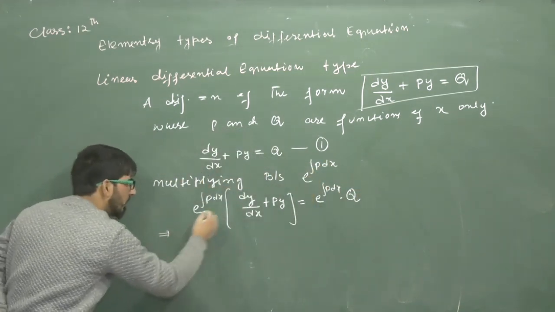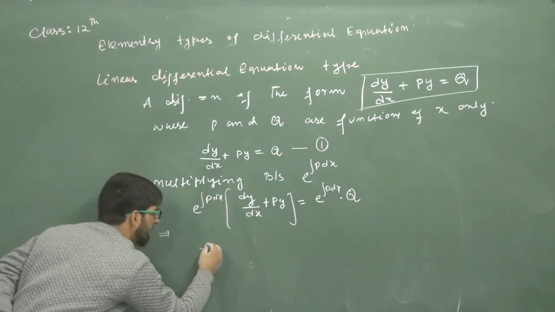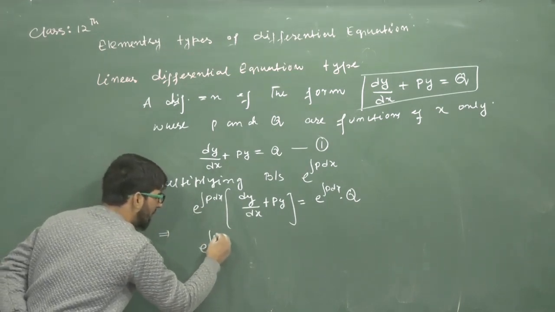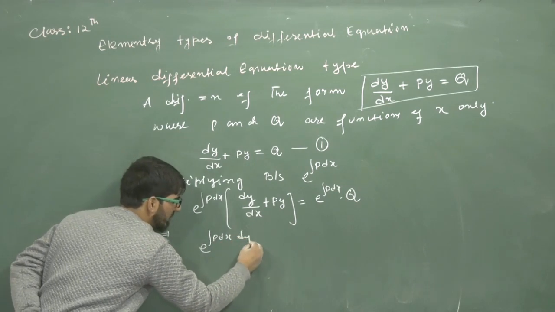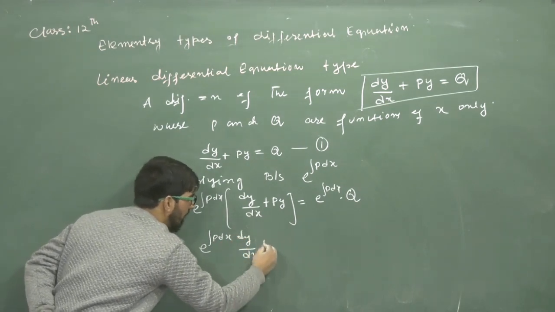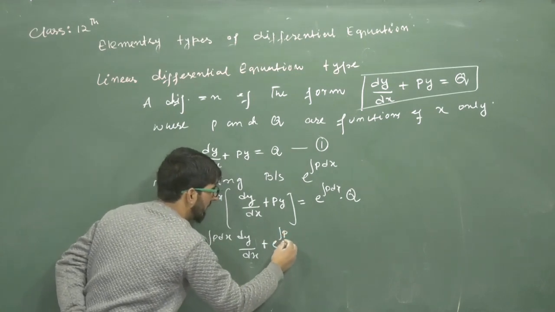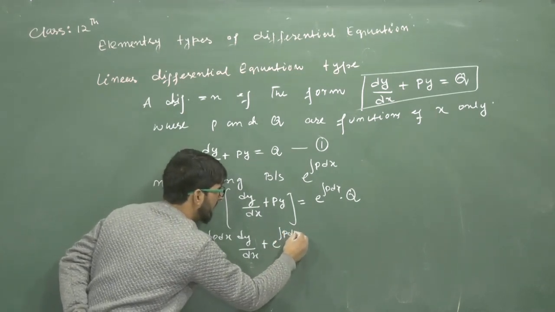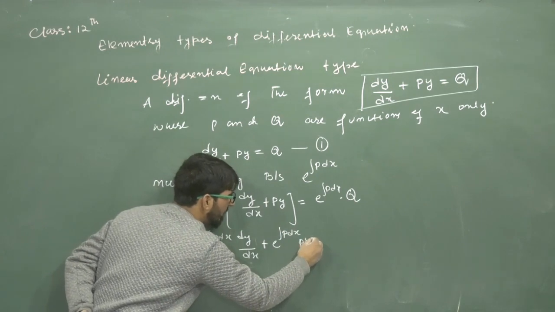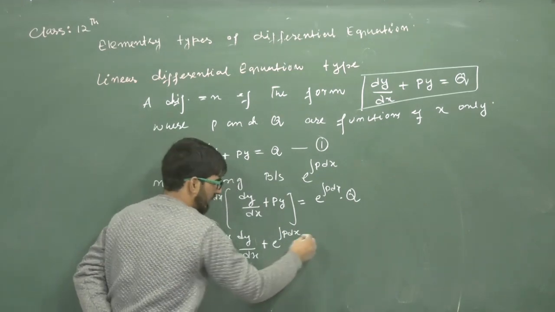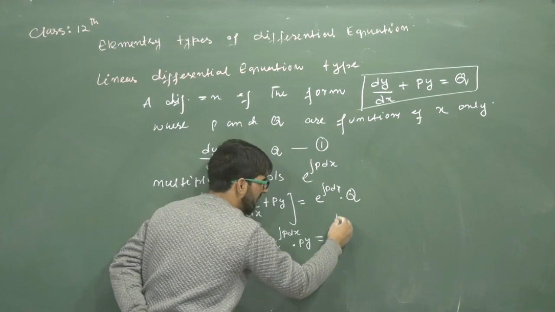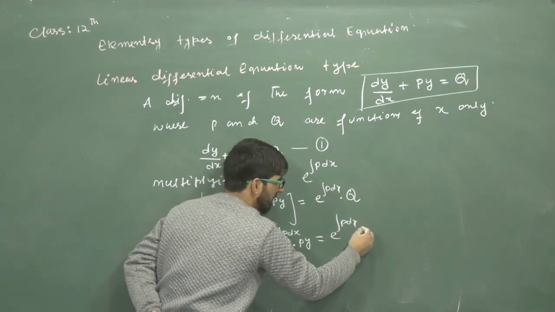Multiplying term by term, we get e raised to power integral of p dx dy by dx plus e raised to power integral of p dx into py is equal to e raised to power integral of p dx into q.